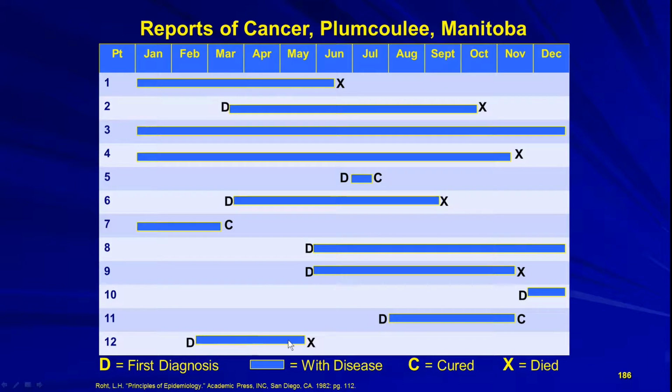Now, in this example, we did not take into account recurring cases. It didn't happen. I don't want to get into that right now because I will talk about that later as well. And our total population, our denominator, is 12.